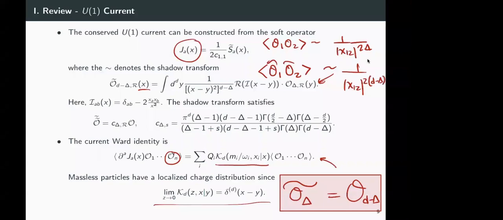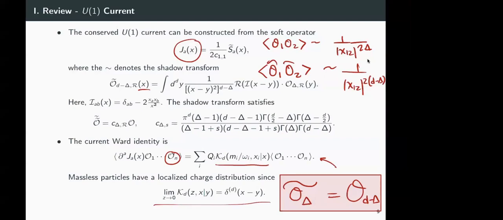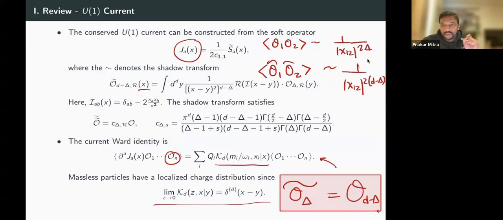So you can clearly look at the 2-point function of the shadow operators, and you see it has exactly the right local singularity structure. Does that mean O1 tilde and O2 tilde are local? No, we can't conclude it from just looking at the 2-point function. The crucial thing is you have to look at n-point functions for arbitrary n to make any strong conclusion. You can't just look at 2-point functions or 3-point functions. It might just be that the 2-point function still continues to have the form of a local 2-point function, but that doesn't mean that the operators themselves are local.